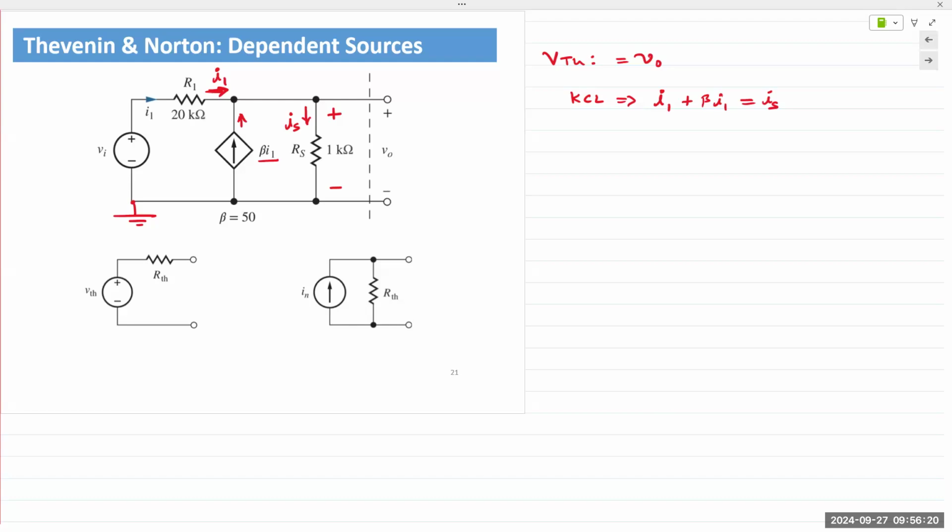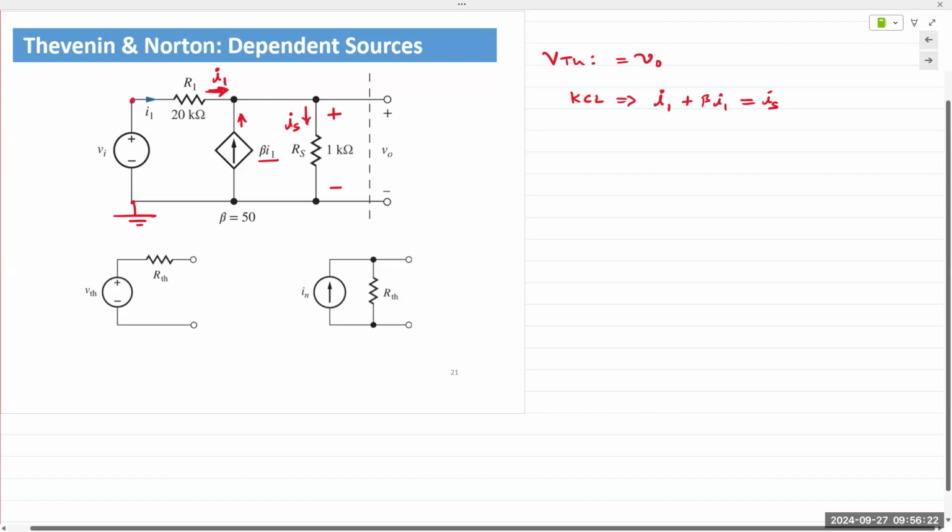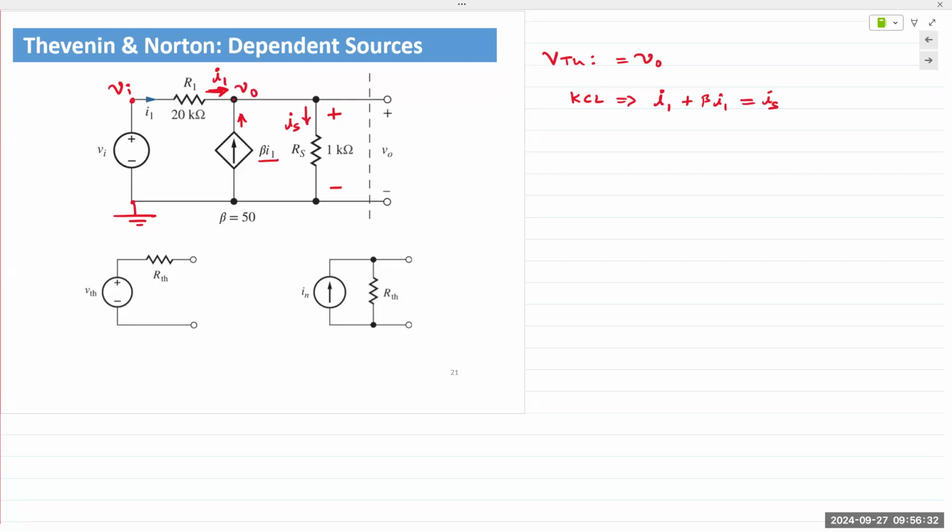So the node voltages for I1, which is across the resistor: this is VI, this is VO. Is it VI minus VO or is it VO minus VI? Current is like any other physical quantity, always flows from high to low.